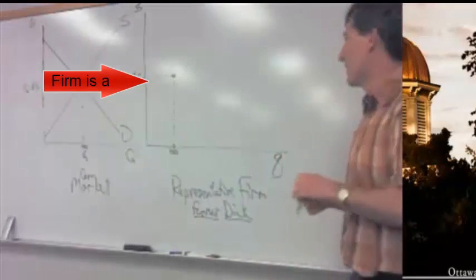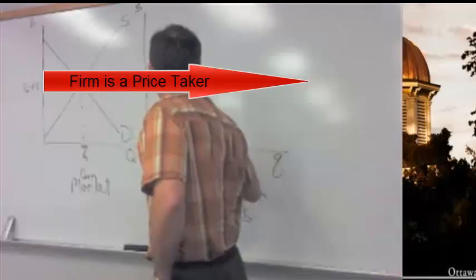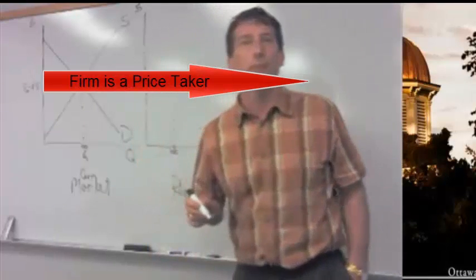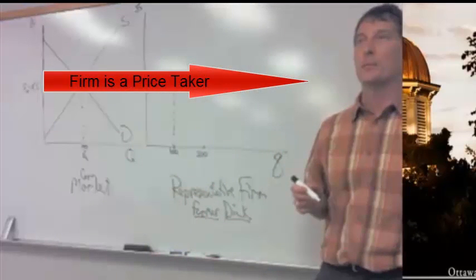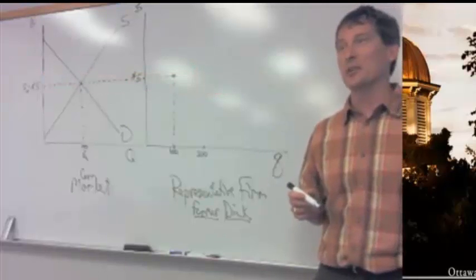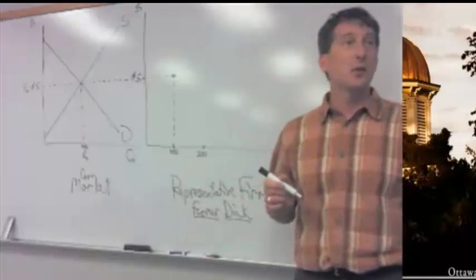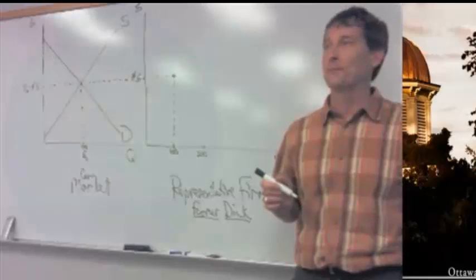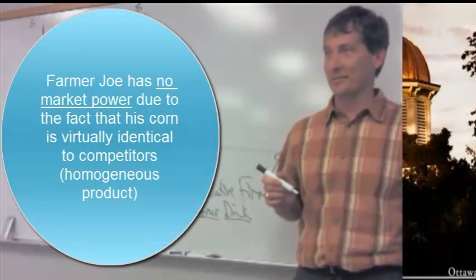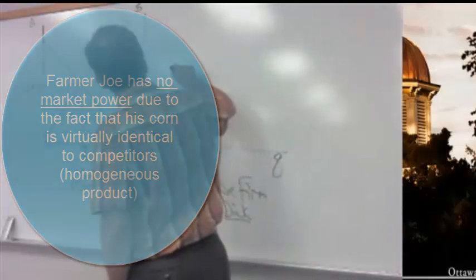Now, what if Farmer Dick got ambitious and doubled his production? What could he get for his corn now, per unit? He doubles his production from 100 to 200 bushels. How much could he get for his corn now? $5. Why? Because he's still just a drop of water in the bucket.